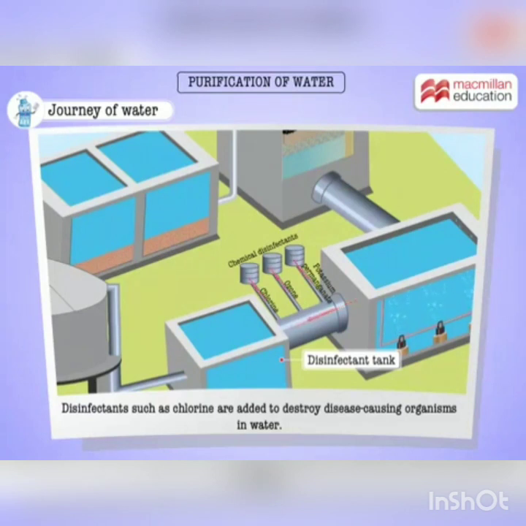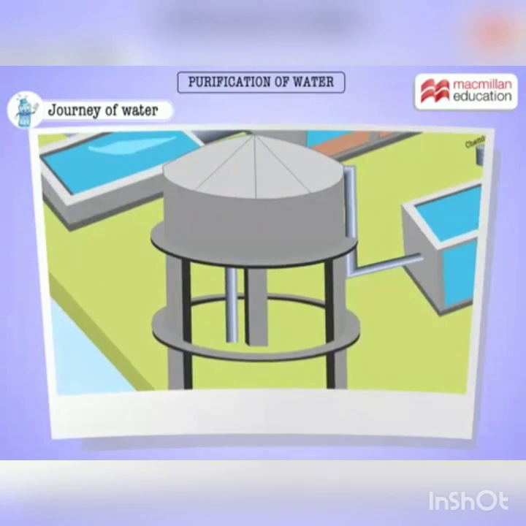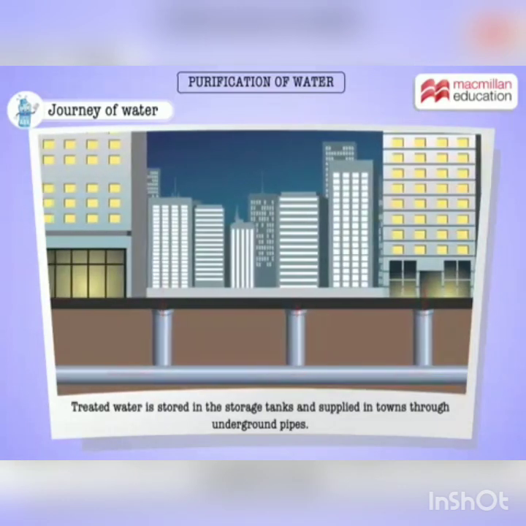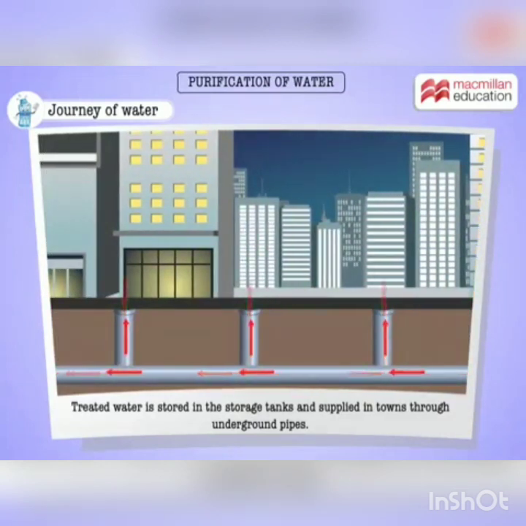Adding disinfectants such as chlorine destroys disease-causing organisms in water. Ultraviolet radiation and oxidative chemicals such as potassium permanganate and ozone are also used for disinfecting water. What's next? Yes, now the water is purified and ready to drink. This water is stored in storage tanks and supplied to towns through underground pipes. Thus, water undergoes several processes before it reaches our taps as potable water.